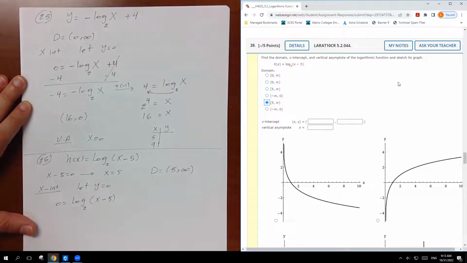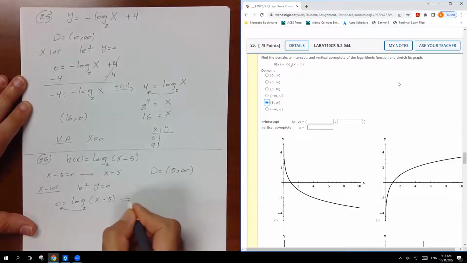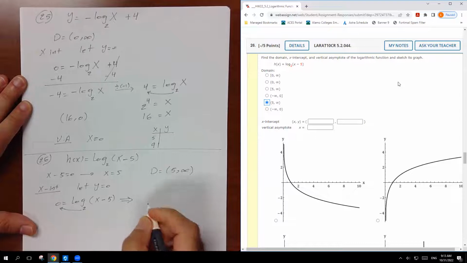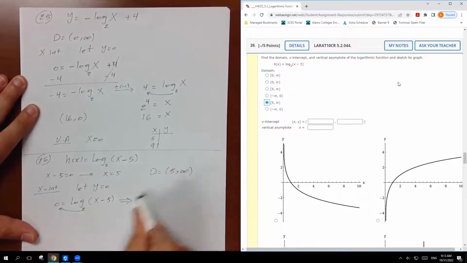Now, next step, we need to convert this one to the exponential form. So I'm going to move the 2 to the other side. That means this one is going to be equal to 2 to the power 0, because this is a base.